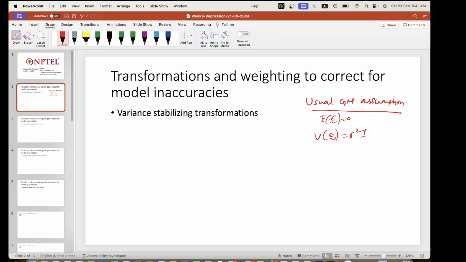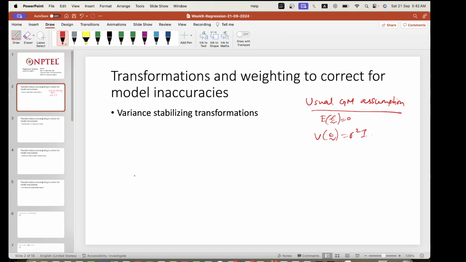Now, when the constant variance assumption doesn't hold true, we also see that sigma square, that is the error variance, is related to some function of the mean of the response.